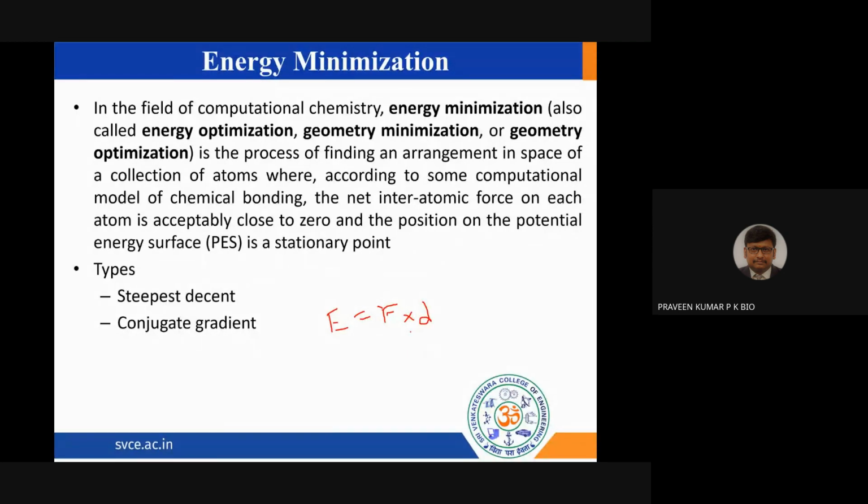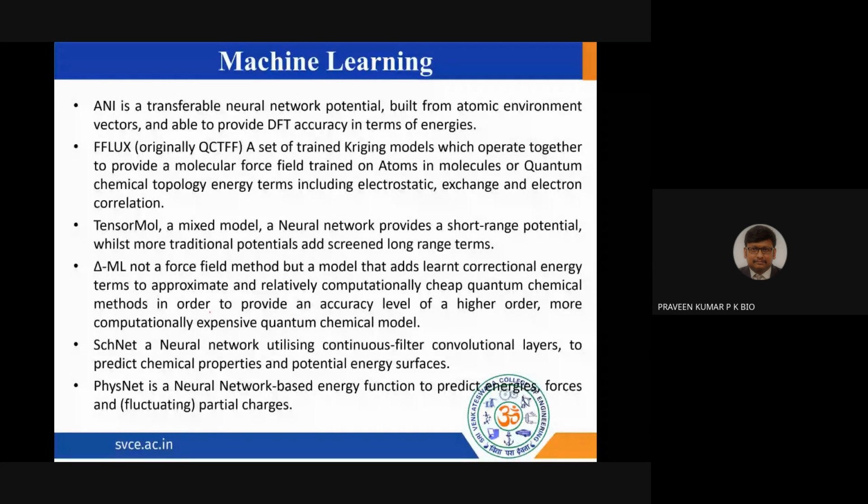We use the distance of each and every atom, and whatever total force you calculate, you multiply it to get the energy. And whatever energy you get, you go for energy minimization using steepest descent and conjugate gradient. These are the two types of energy minimization methods. There is also a third method, but these are the most widely used methods in most software.